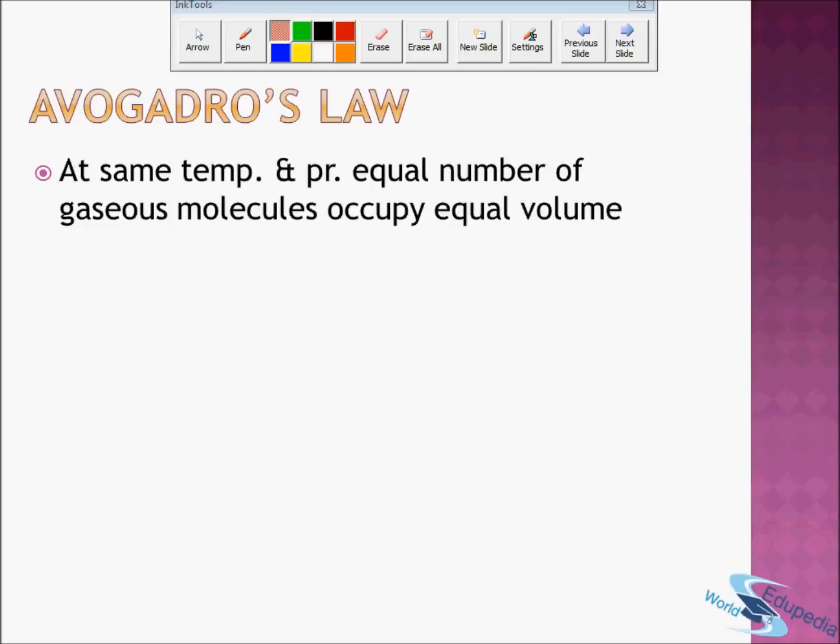In other words, whether my gas is nitrogen or carbon dioxide, or some other gas like methane, all of these gases and any other gas will occupy same volume for same number of molecules.